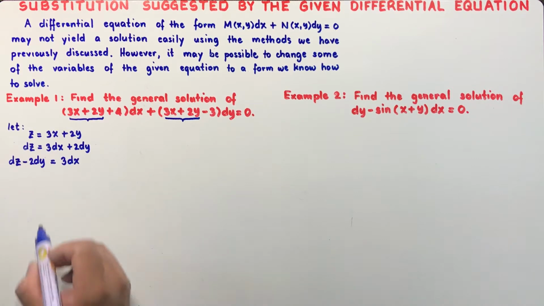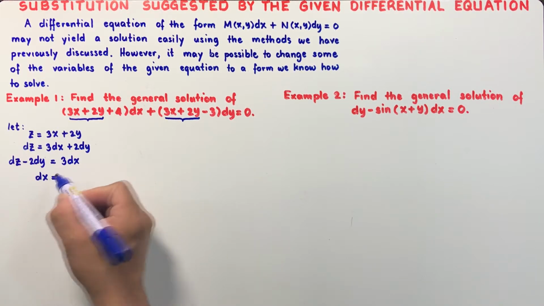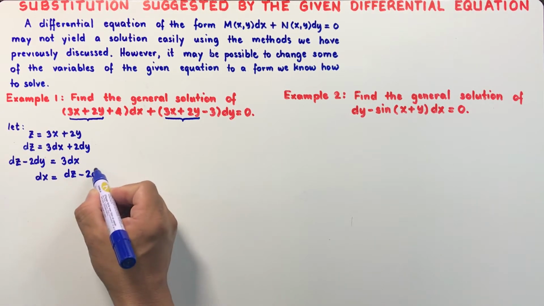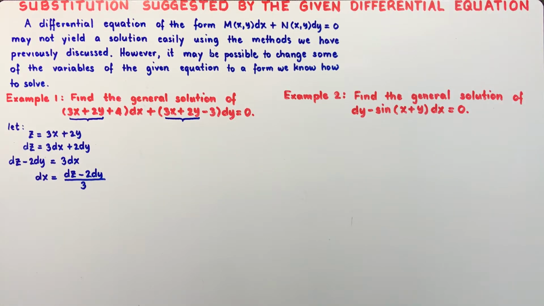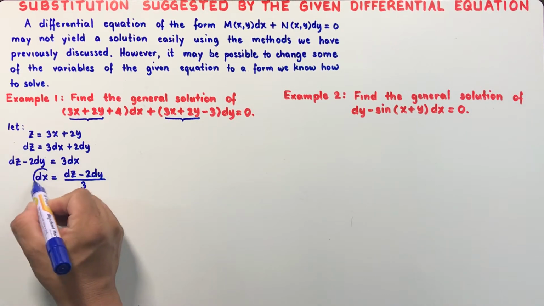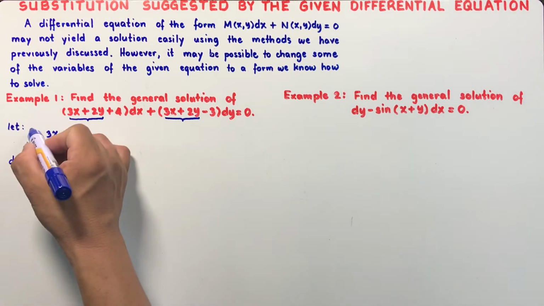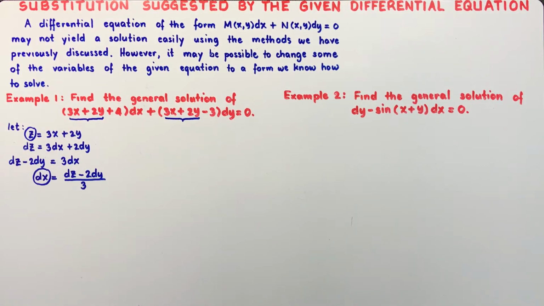Therefore, our dx, when you divide both sides of the equation by 3, is equal to (dz minus 2 dy) all over 3. So this is our representation of dx, and z is our representation for 3x plus 2y.